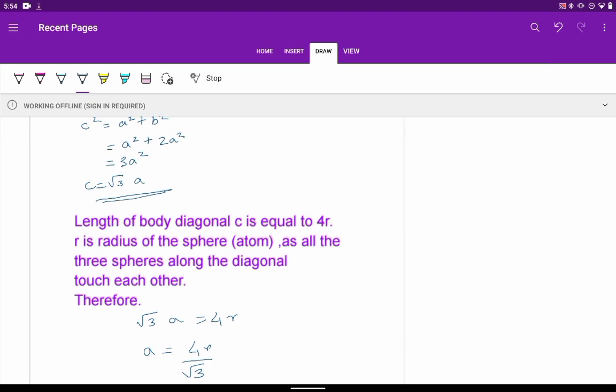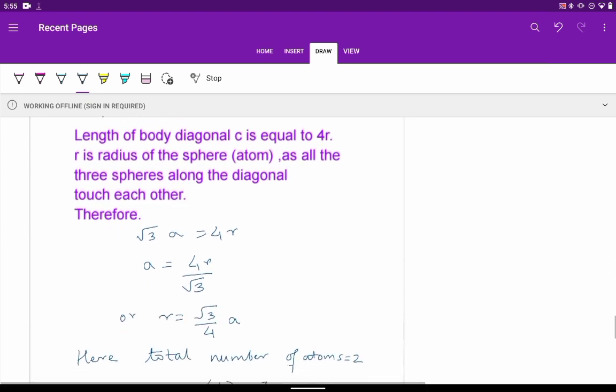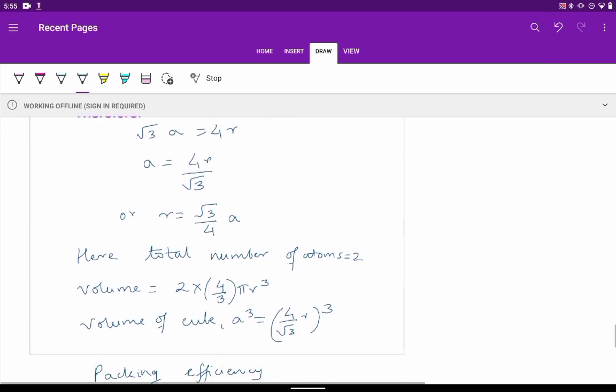All the three spheres are along the diagonal and they are touching each other. So C is equal to 4R, but C is also equal to root 3A. So root 3A is equal to 4R. If we shift root 3 to the other side, we get A equal to 4 by root 3R. Or from here we also get R is equal to root 3 by 4A.